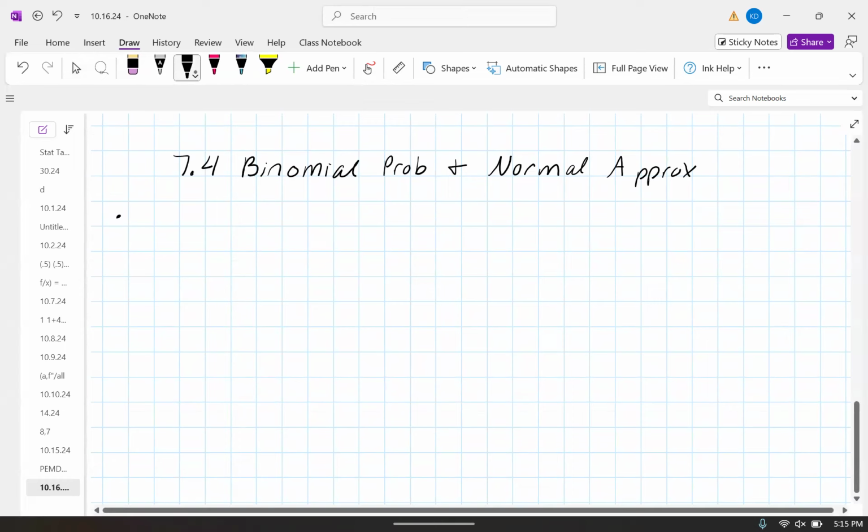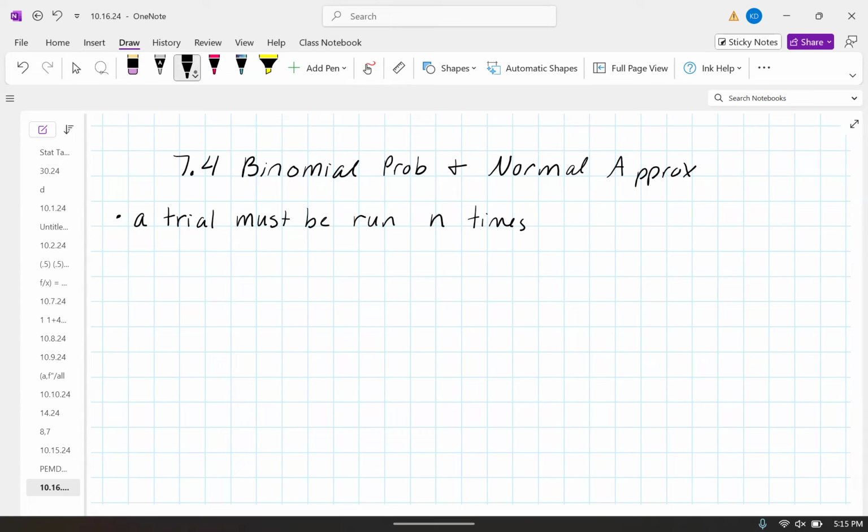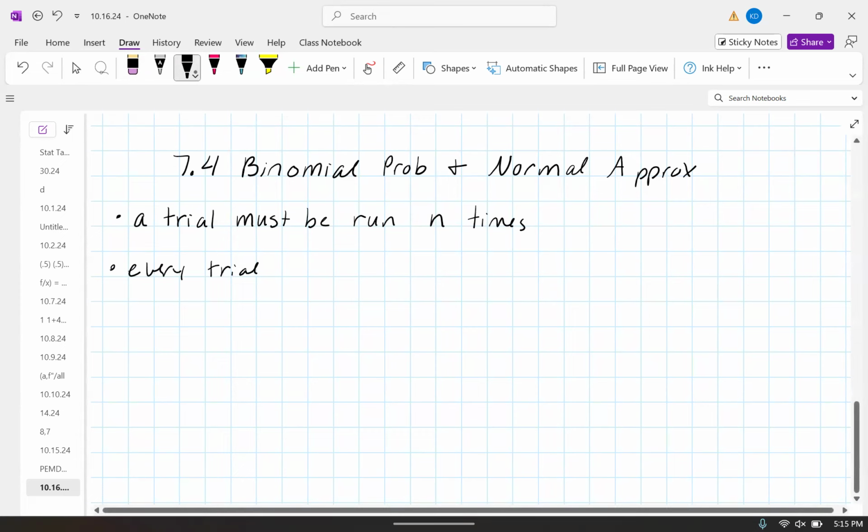We're going to have our trial or our experiment run n times. Every trial, the probability of success is the same.